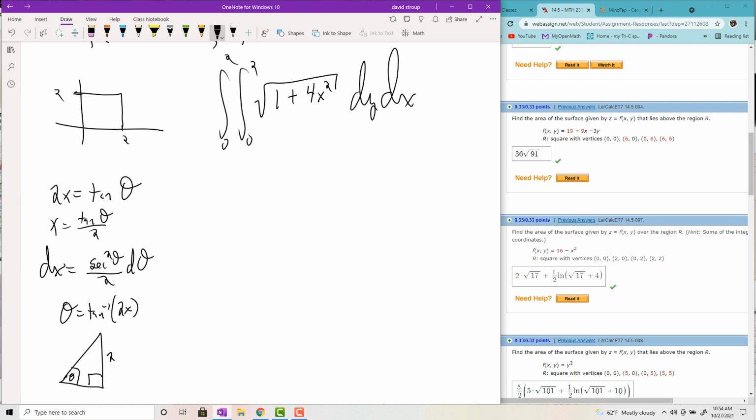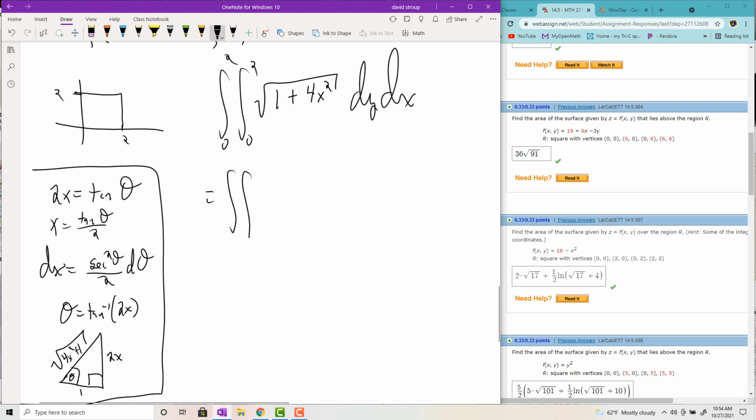So opposite over adjacent, and then the hypotenuse is the square root of 4x squared plus 1. Okay. All right, so this would be the double integral of the square root of 1 plus tan squared theta times secant squared theta all over 2 d theta dx. Okay, what a nightmare.